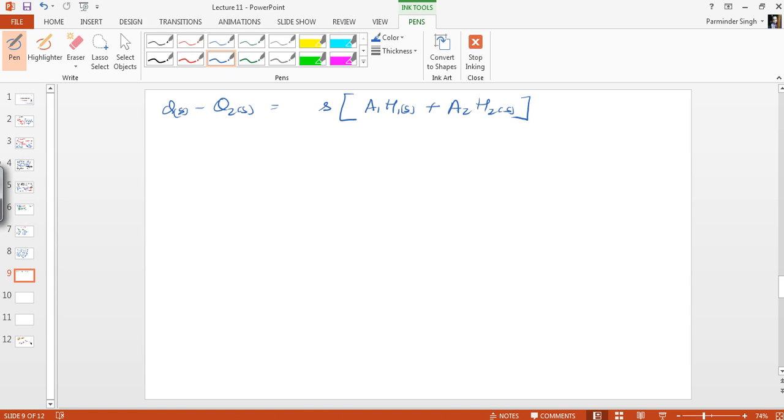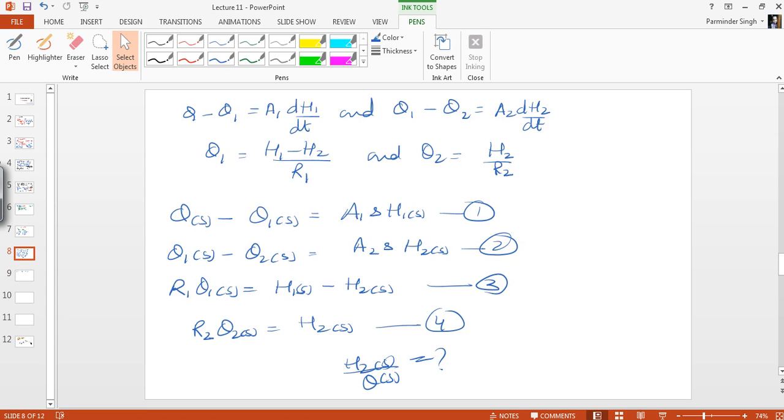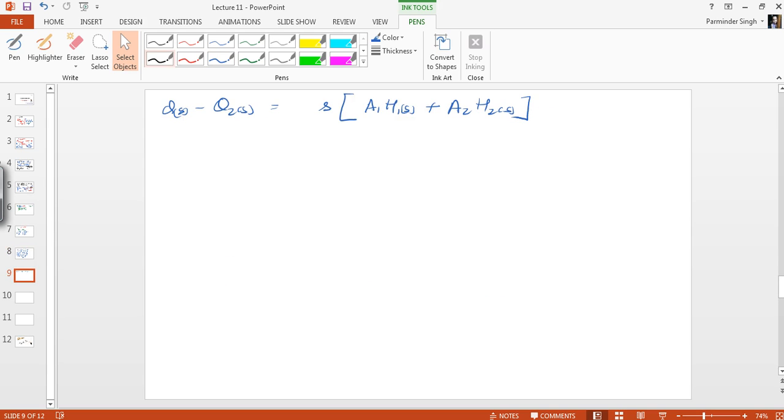Now from equation 3 we will substitute the value of H1, and from equation 4 we will substitute the value of H2 in this main equation. We're going to replace your H1 from equation 3 and H2 from equation 4 over here.